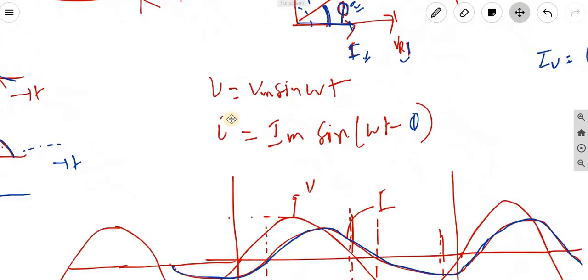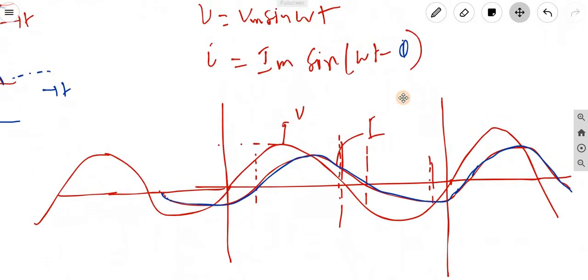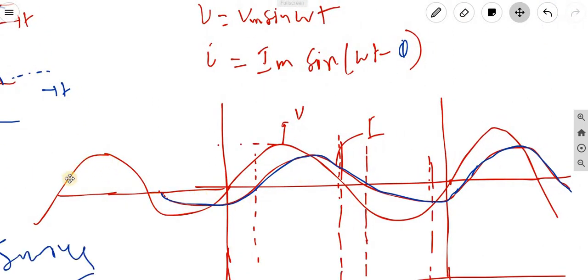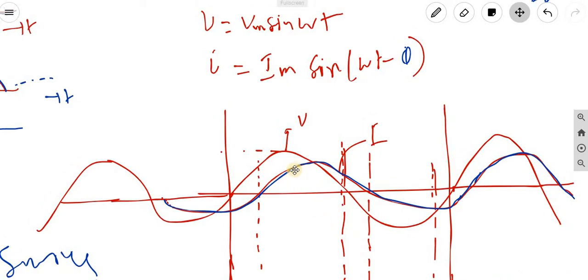Now if we present it in the graphical way, in instantaneous form, this one would be the V, and this one would be the I. If we put t equal to 0, this magnitude is negative, just simply check.